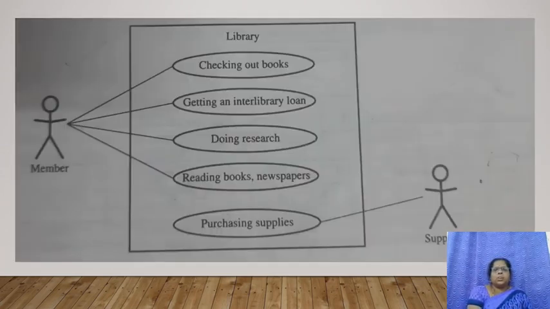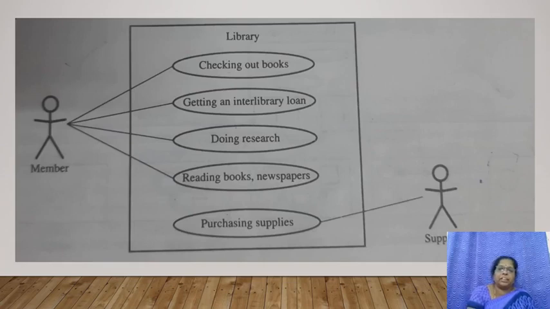So for the use cases in the library information system, we can ask how many books are available. We have to check out the book details, and then get an interlibrary loan. We can get the loan from the library, and then do the research work. What materials are available, and what new journals are available.